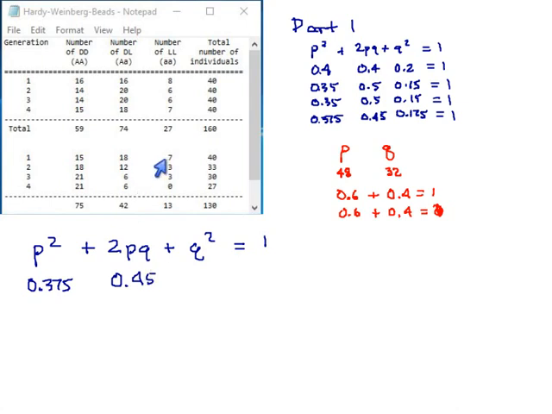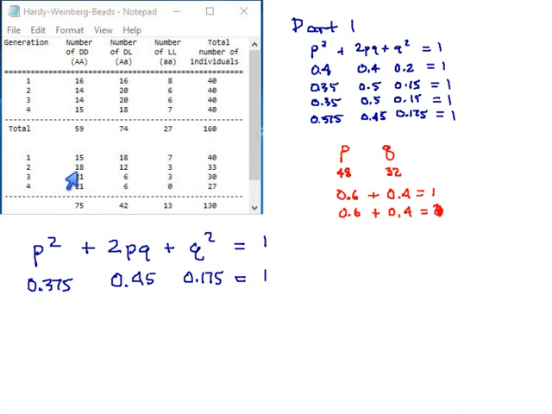Then we had our homozygous recessive group, 7 out of 40, that's 0.175. If we add those up, 0.375 plus 0.45 plus 0.175, my calculator says that adds up to 1, so that's rather nice. But then some of them die, and we go to a generation 2. Is this still going to work?